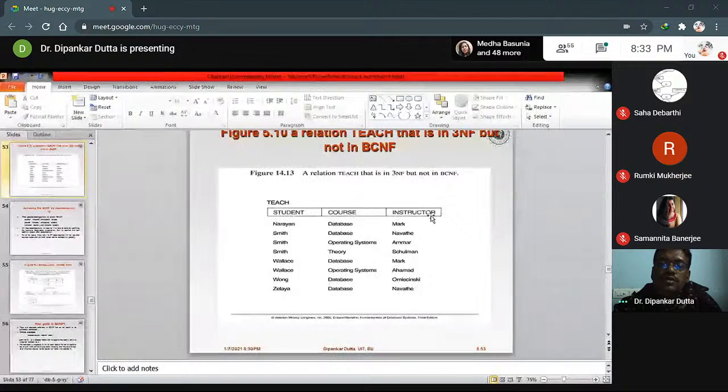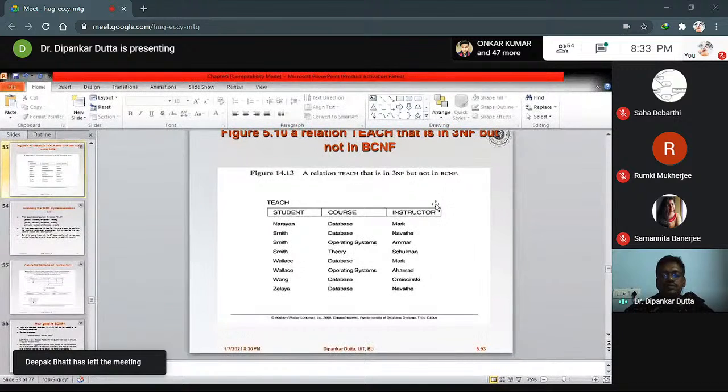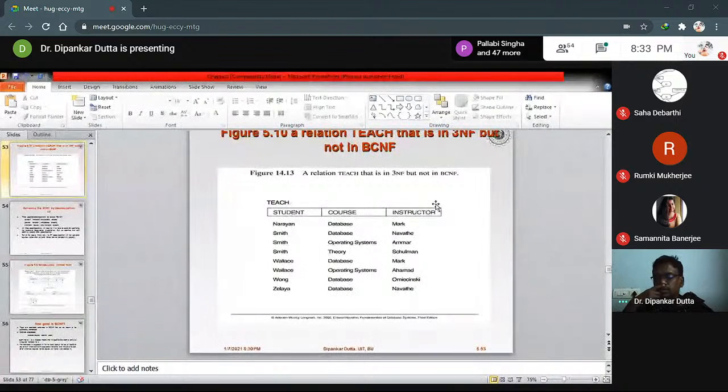Together they determine the instructor. So I think you are getting an idea: the students and the type of course determine a faculty or instructor.